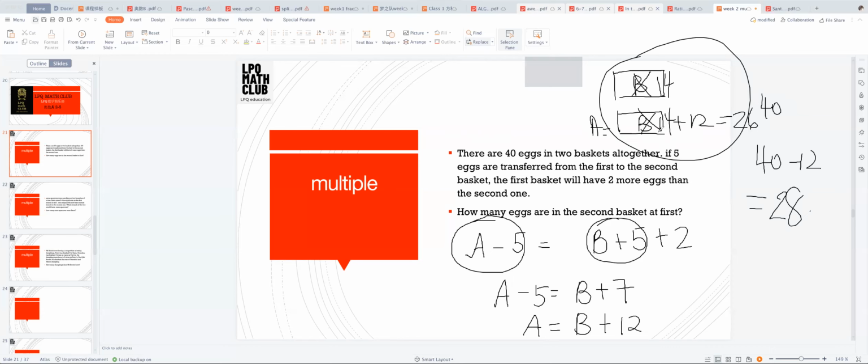Let's verify if it is right. 14 plus 5 equals 19, and 26 giving 5 to basket B equals 21. At this moment, A still has 2 more than basket B, correct? So we did the right thing.